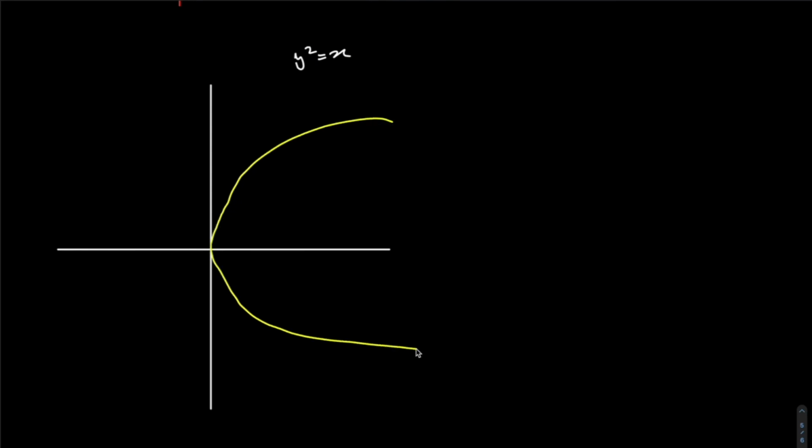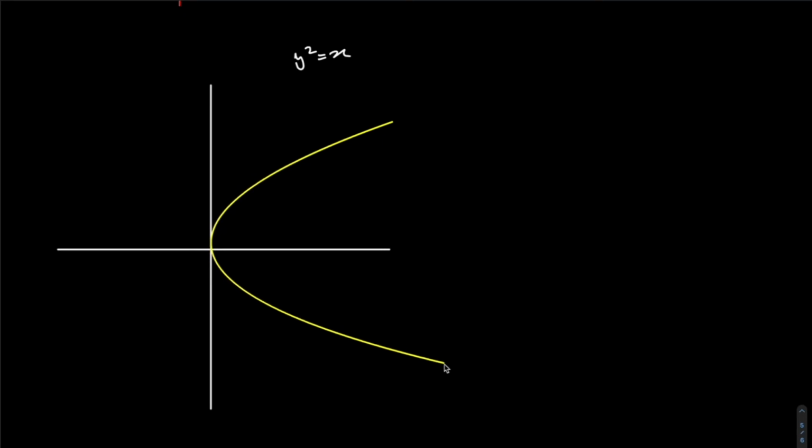Maybe I have a function like y squared is equal to x. The first one was y equal to x squared. Now I'll have y squared is equal to x. It's kind of like the opposite. So in this curve, I'll just give it to you, it's going to be something like this, a sideways parabola.